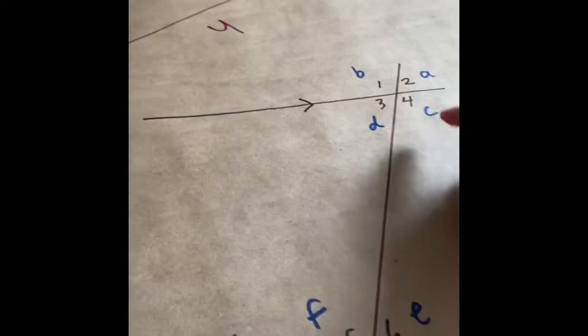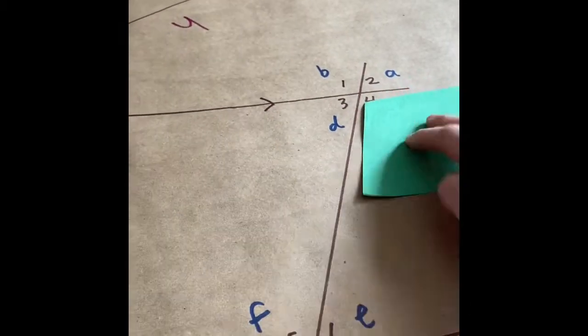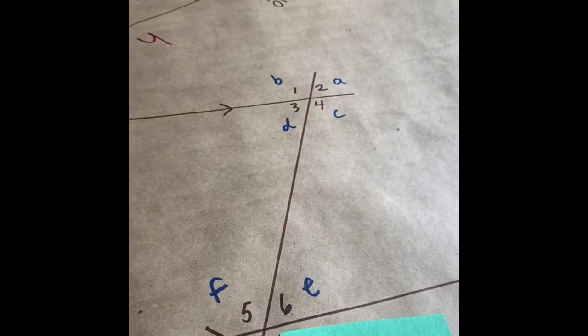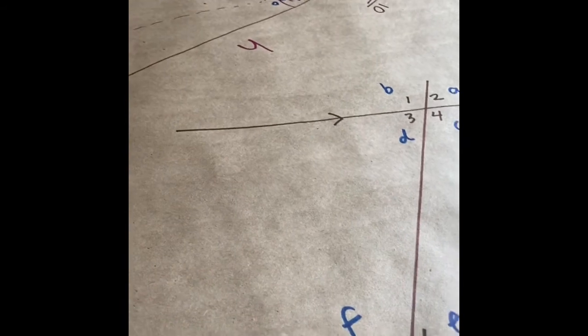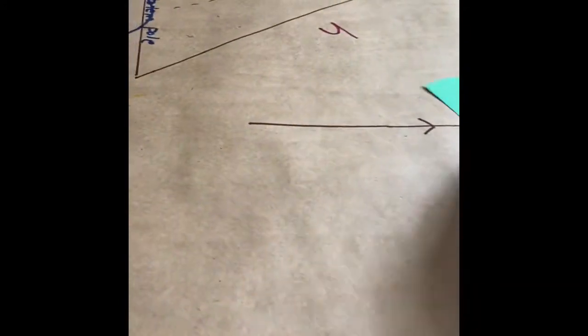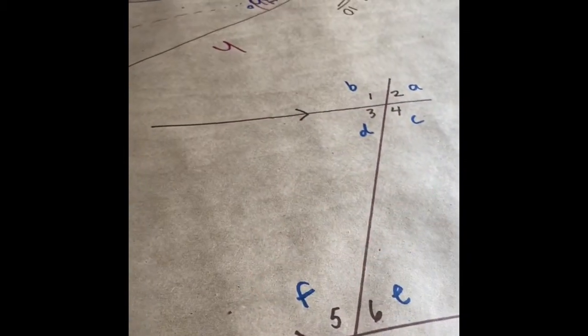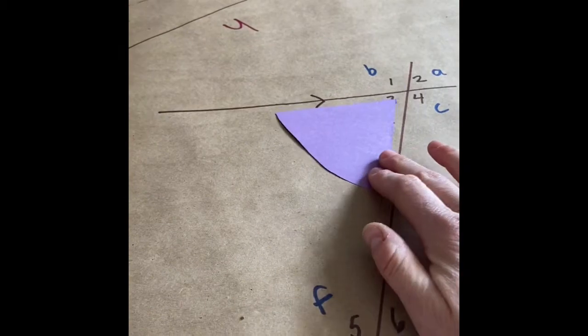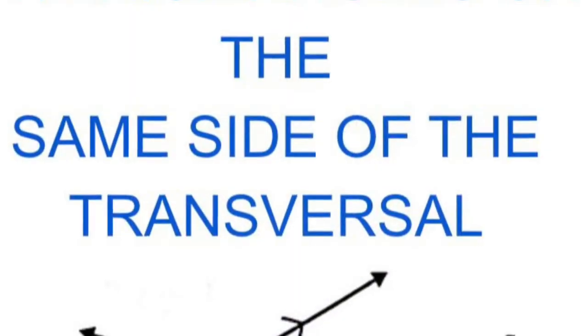The two angles underneath the F, the C and the G, are equal. And if you were drawing your F backwards, the same thing would apply: the angles on top of the F would be the same, and the angles underneath the F would be the same. So that's corresponding angles.